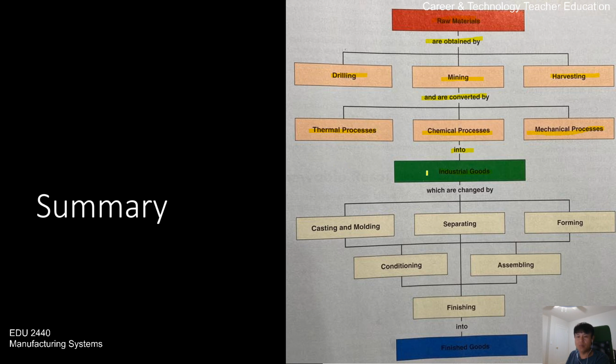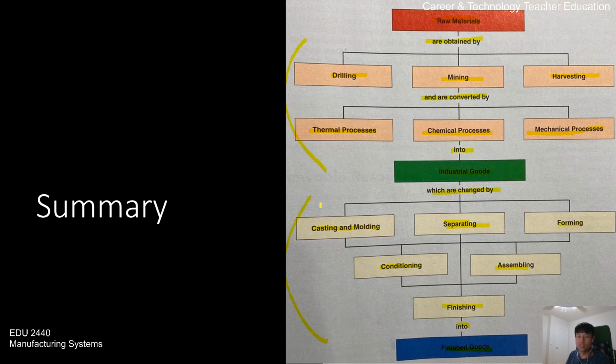Those are primary processing. They are then changed by secondary processing, which includes casting, separating, that means cutting, forming, conditioning, assembling, and finishing, into the finished goods.